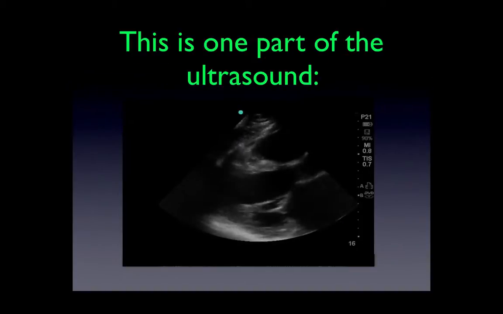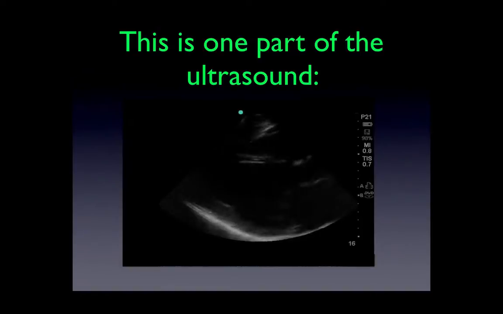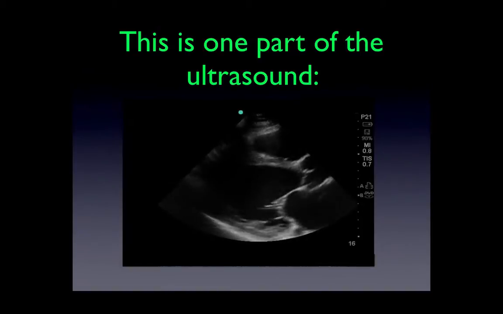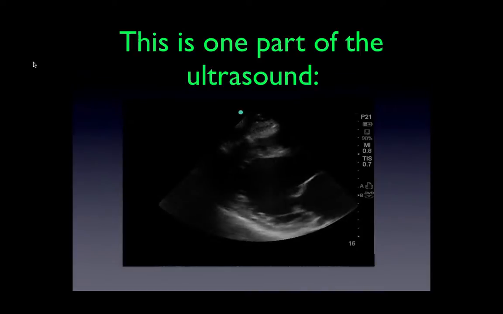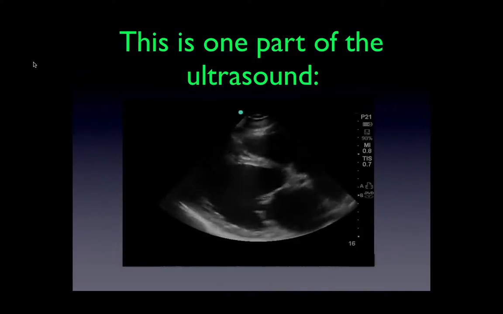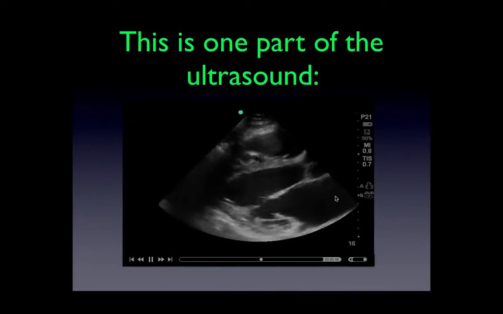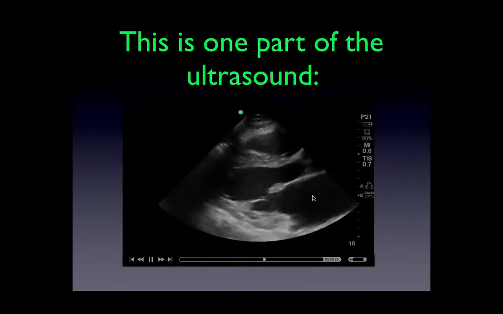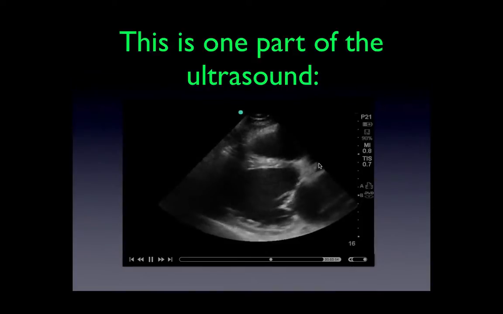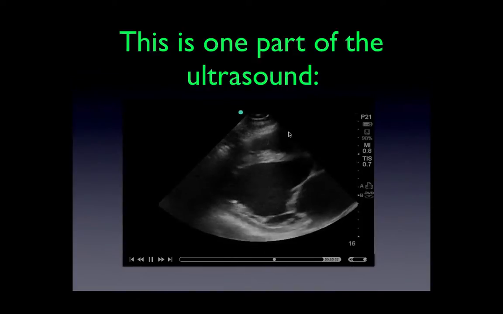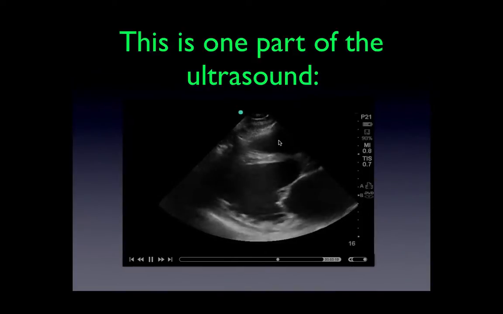This is one part of the ultrasound. Take a look at it, and we'll come back to it later, but realize this is a subxiphoid or subcostal view of the heart: left atrium, blood going through the mitral valve into the left ventricle, being pumped out into the aorta through the aortic valve, and up here is the right ventricle.